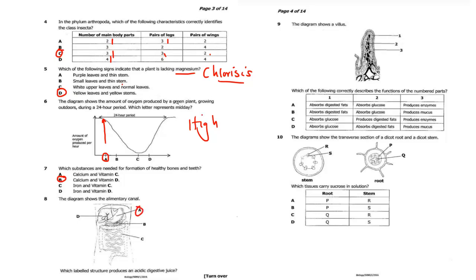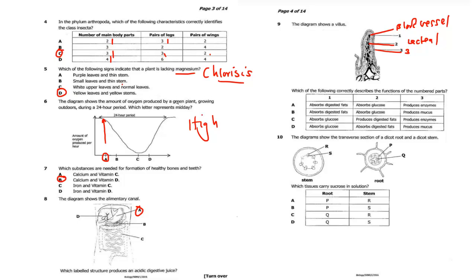Question 9. The diagram below shows the villus. Which of the following correctly describes the function of the numbered parts? So 1 is the blood vessels, 2 is pointing at the lacteal, and then this is pointing at the epithelium.